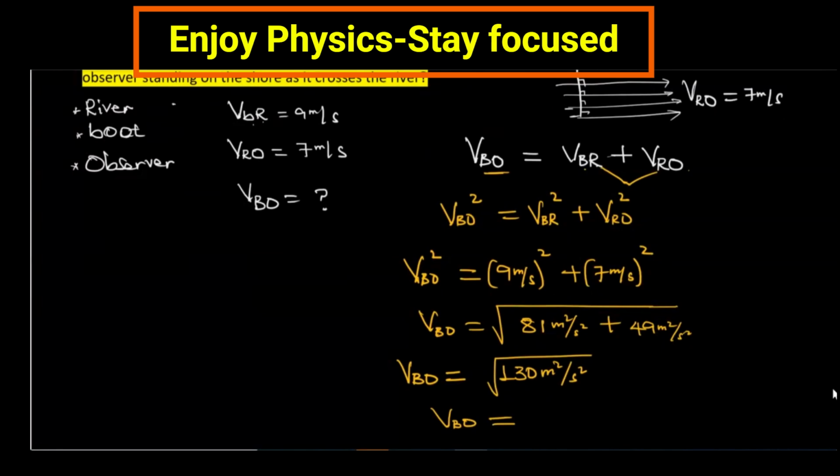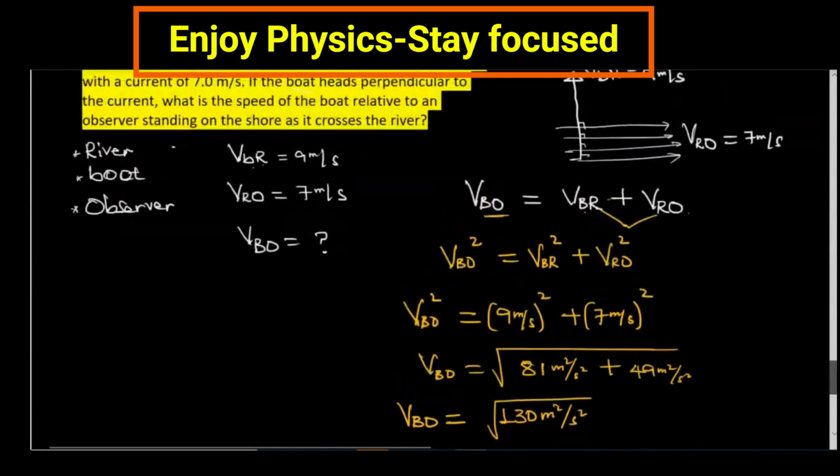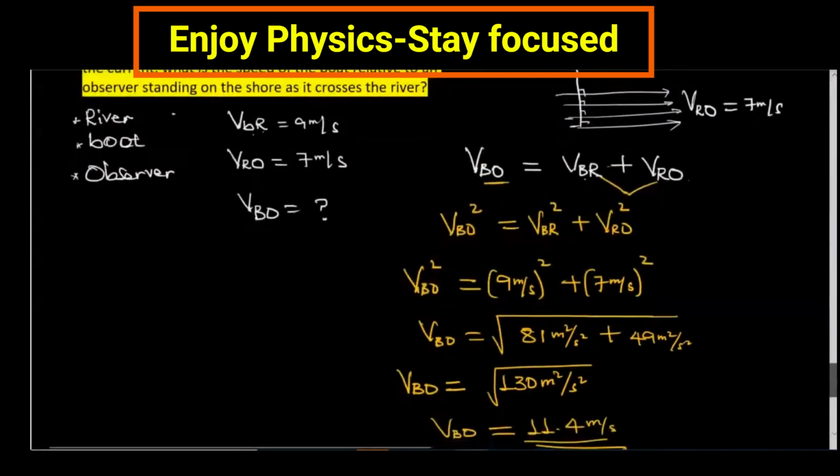If you do your calculator simply, this is going to be about 11.4 meters per second. So the velocity of the boat relative to the observer is 11.4.